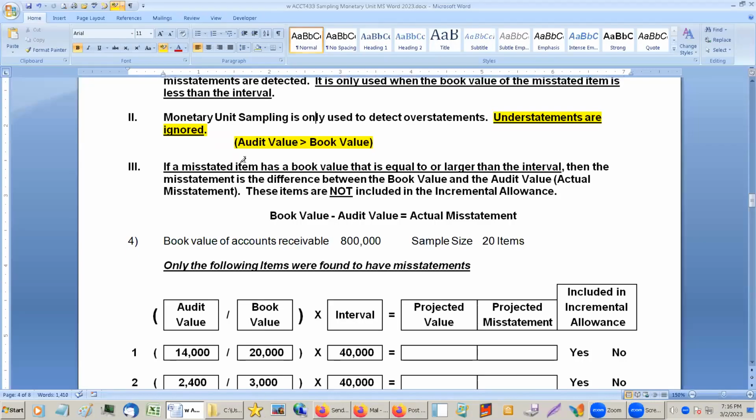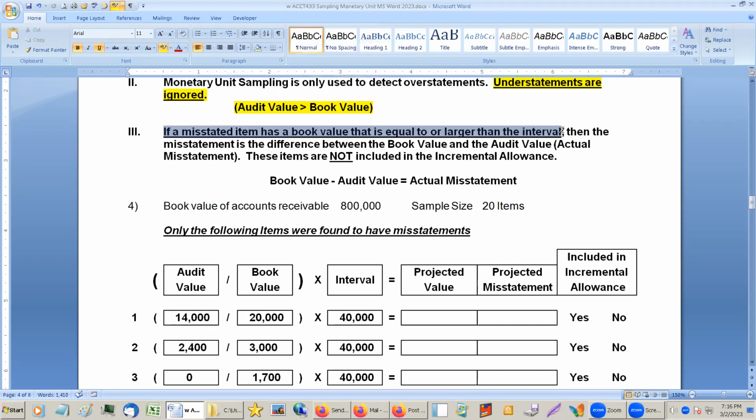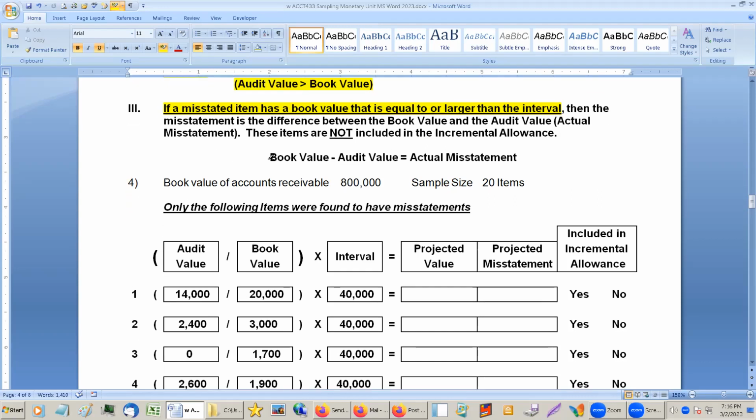Okay. And this is probably the most confusing one. A misstatement of an item that has a value equal to or larger than the interval, then the misstatement difference between the book value and audit value is used, the actual amount. And these are not included in the rent allowance, which we haven't looked at yet.